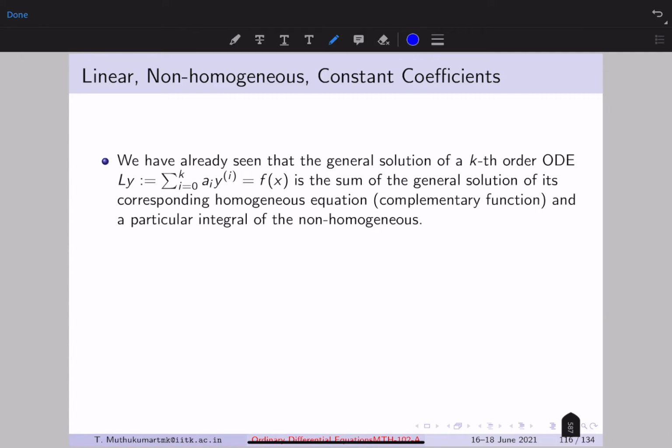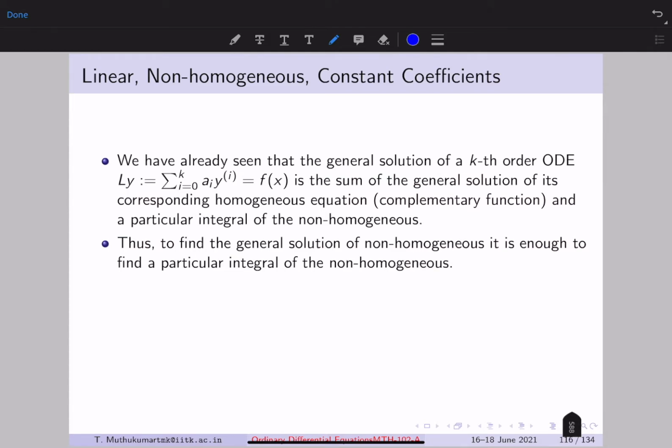So let us recall the algorithm here. Whatever we have seen in the previous theorem is that the general solution of the kth order linear non-homogeneous ODE is nothing but the sum of the general solution of the corresponding homogeneous equation and a particular integral of the non-homogeneous equation.